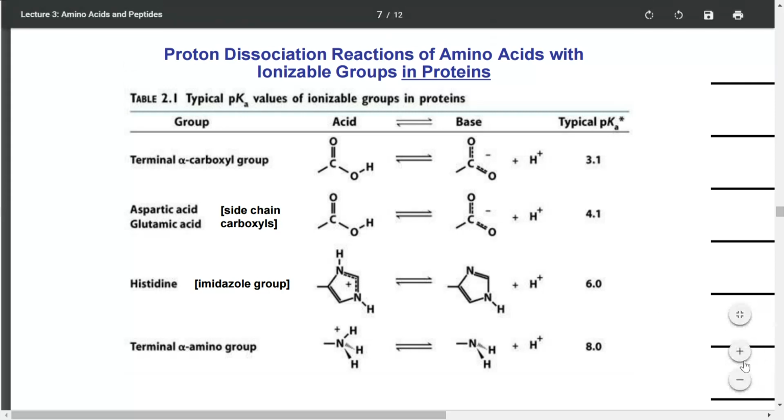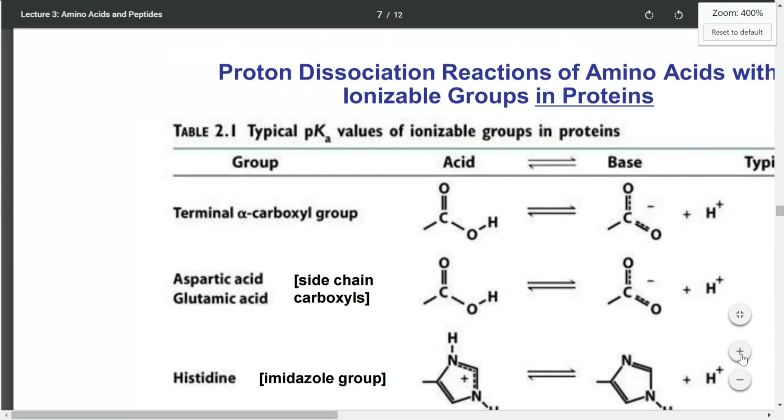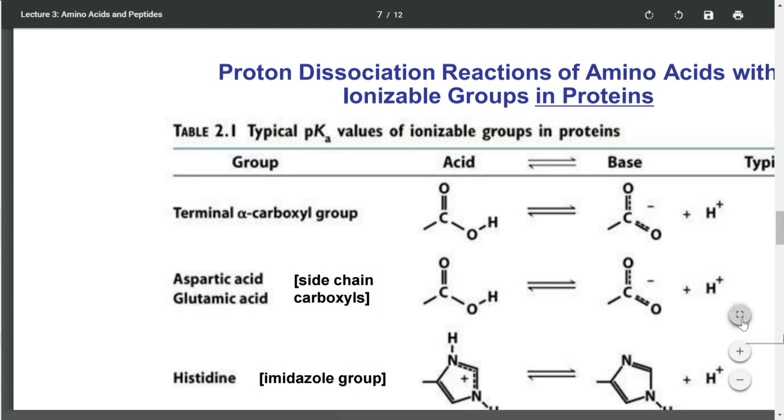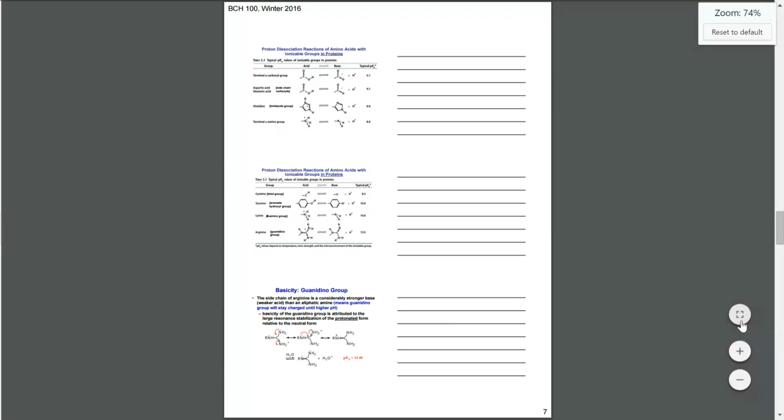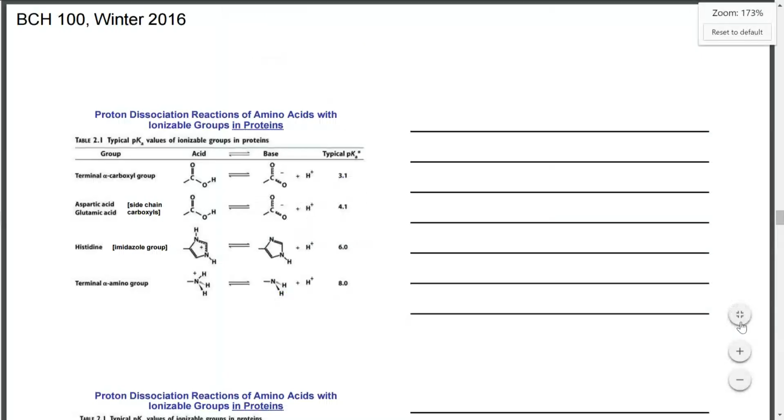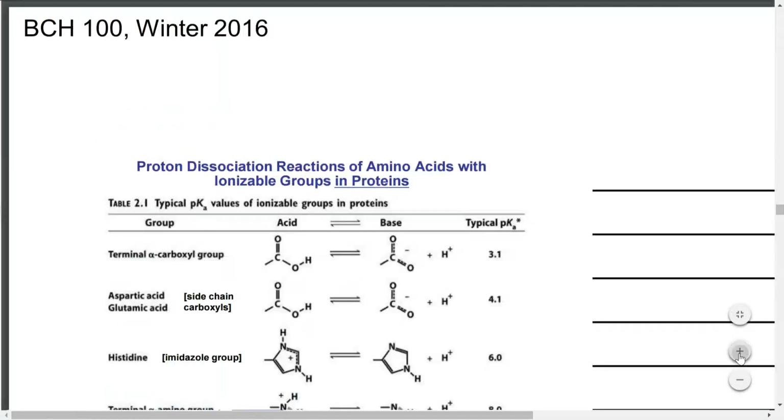Same with lysine. And then arginine, because it has these resonance structures in this guanidinium group, which I won't go into detail about, but you have it in your slides, it actually has a very high pK, about 12.5. That would be the last hydrogen ion in this group.